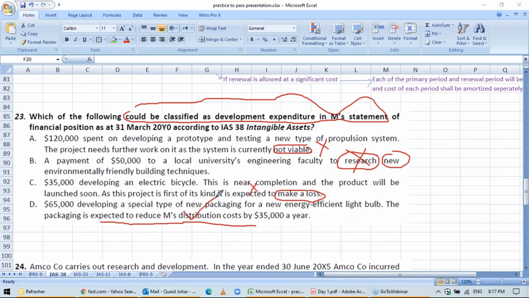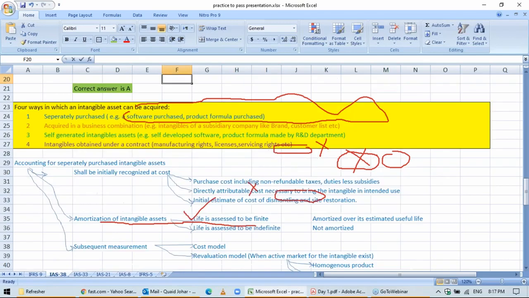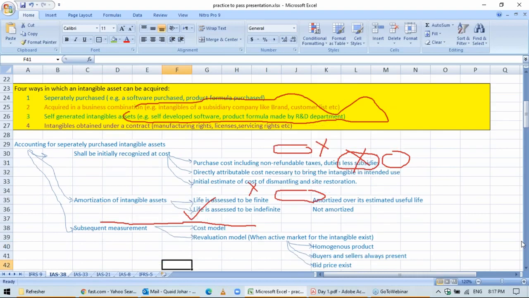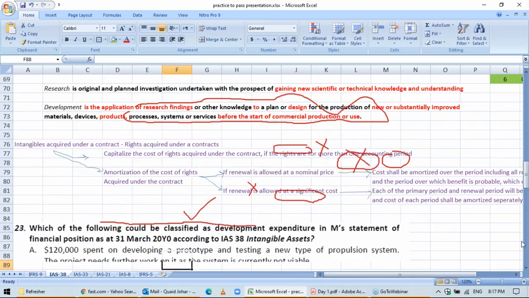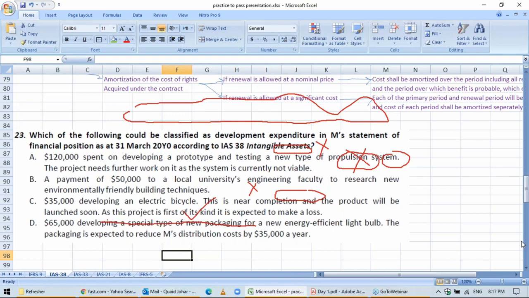You are being able to reduce your expenses due to the development. So the correct answer to this question is D. That's the correct answer.